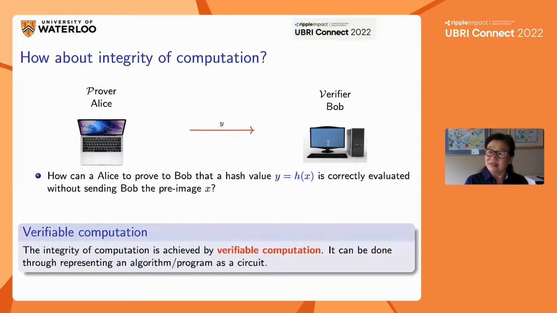How can he know y is evaluated from the hash function h at the pre-image x? Like we see in the blockchain structure, they always have hash values there. This is achieved by verifiable computation, which is done through representing an algorithm or a program as a circuit.